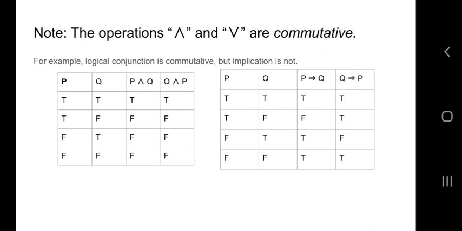When we make these truth tables, each row is a different possibility depending on the situation, because we could replace P with any simple sentence in English, and we could replace Q with any simple sentence in English. Depending on whether those sentences are true or false, that determines which row applies to those sentences. So each row of these truth tables is a different possibility, depending on the truth values of P and Q.